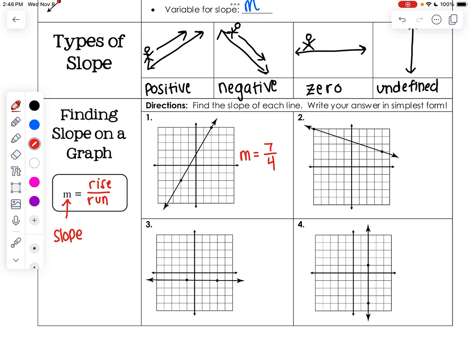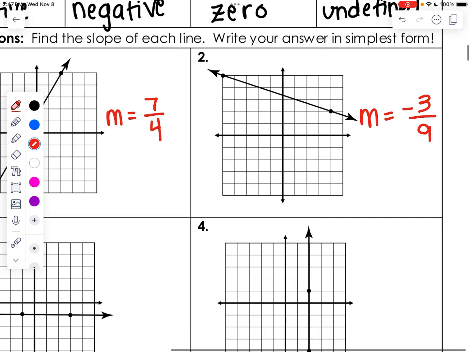Okay, now if we're looking here, to get from this point to this point, we have to go down. So now this is negative. We're going down 1, 2, 3. Down 3 means negative 3. And then right 1, 2, 3, 4, 5, 6, 7, 8, 9. So down 3 means negative 3, right 9 means positive 9. And then we're going to simplify.